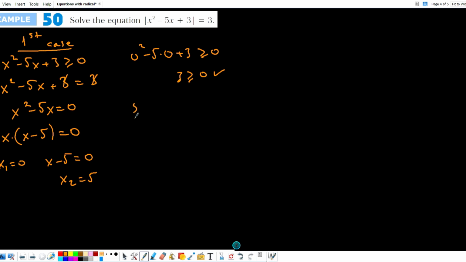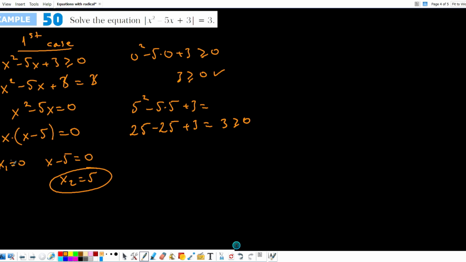Now let's check 5. 5 squared minus 5 times 5 plus 3 will become 25 minus 25 plus 3. 25 minus 25 is 0, so plus 3 is 3. Also this one is greater than or equal to 0. So this one works too. Both of them work. Now let's see the second case.